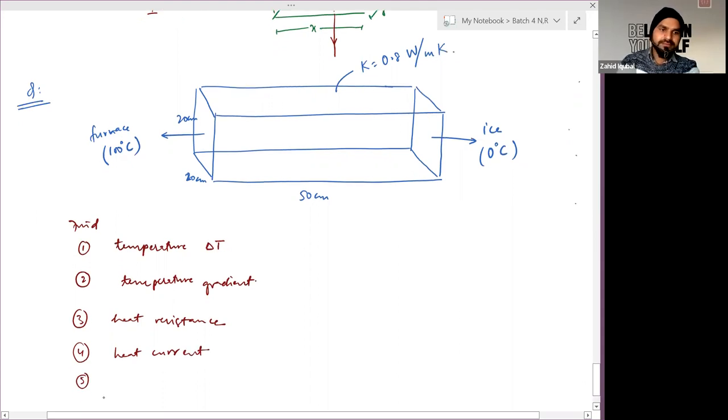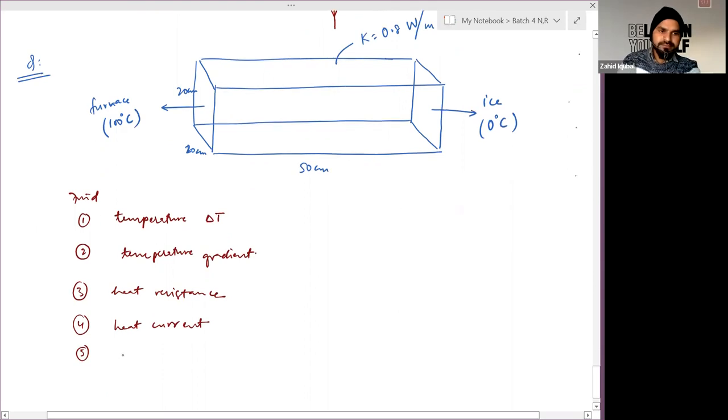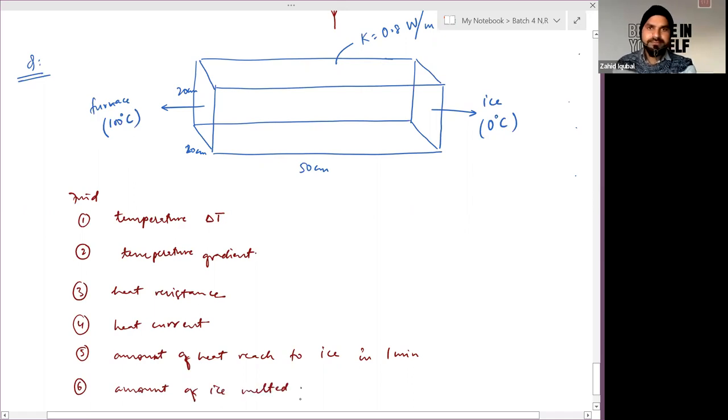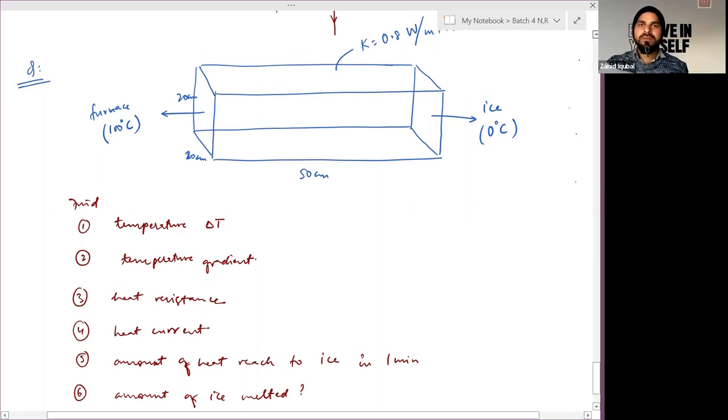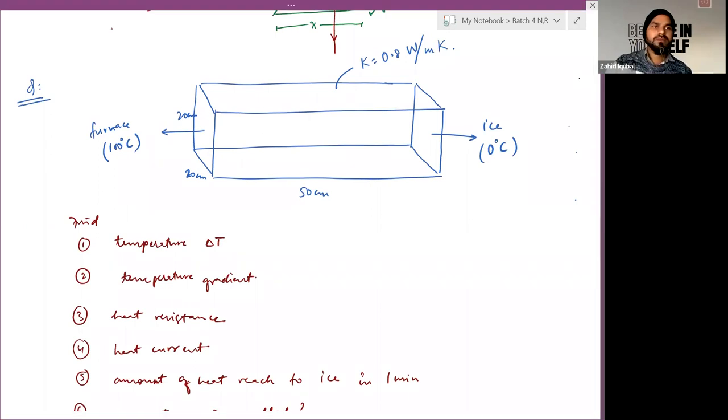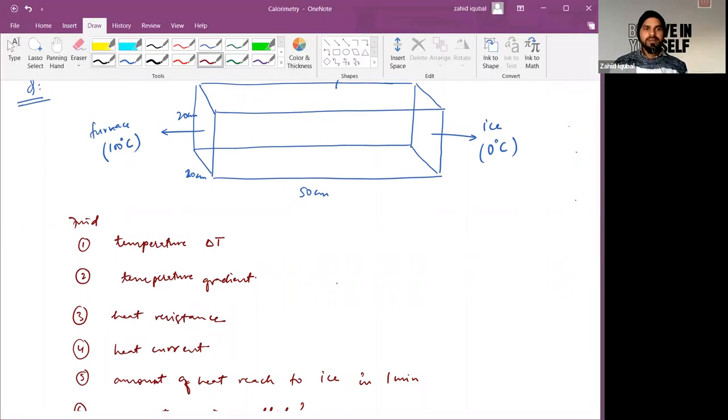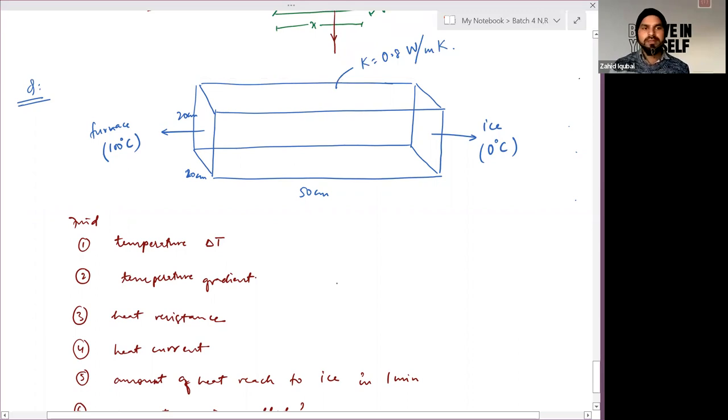Fifth, amount of heat reached to ice in 1 minute, and using this heat, amount of ice melted. Just solve each part and send your answer.